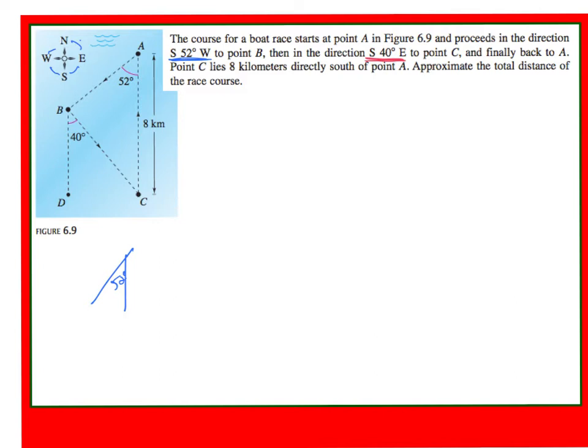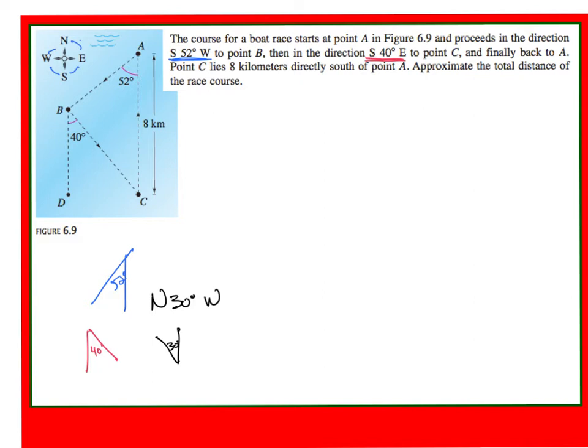South 40 degrees east, we would first start out at south and then 40 degrees to the east. You see how that went? If I say it's north 30 degrees west, I would first start what? I would first start up and then I would go left the 30 degrees right there.